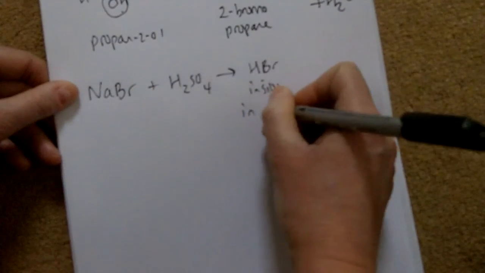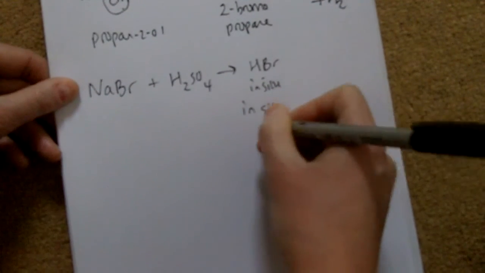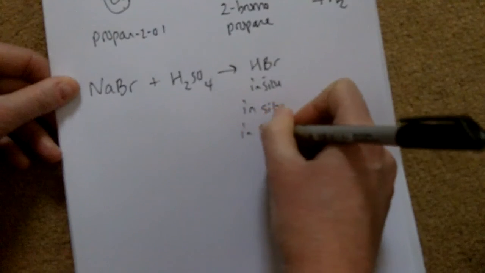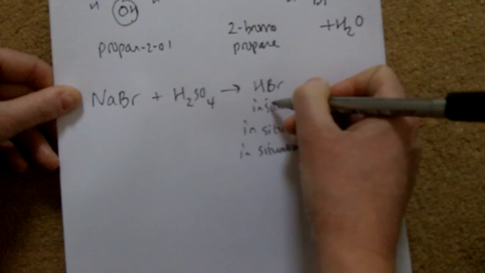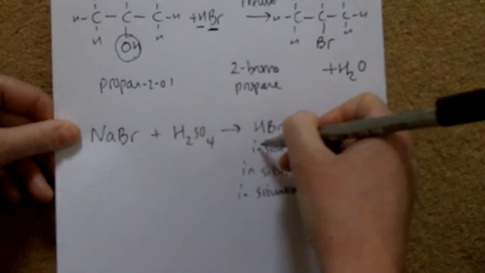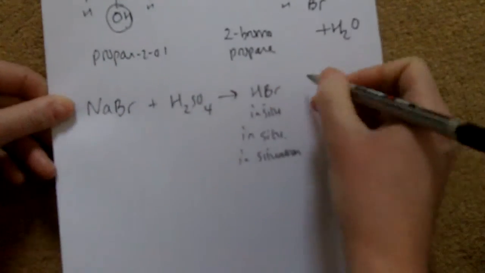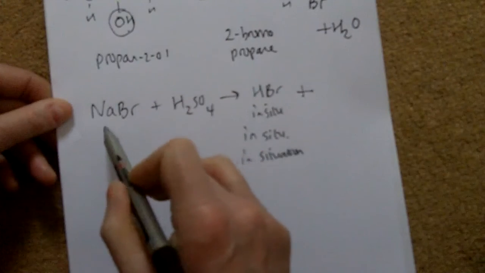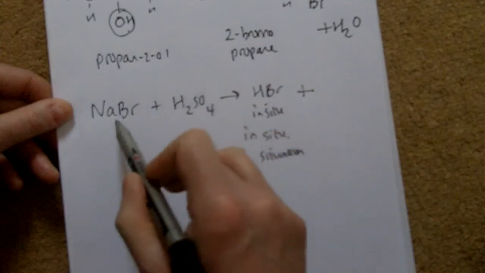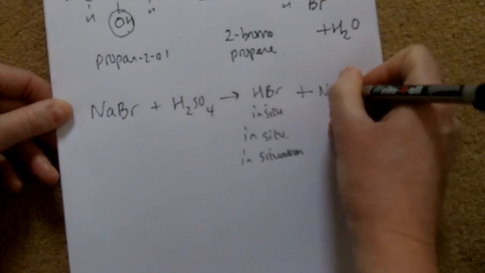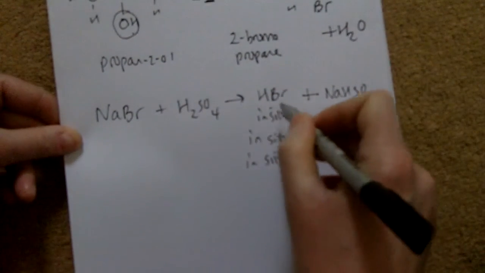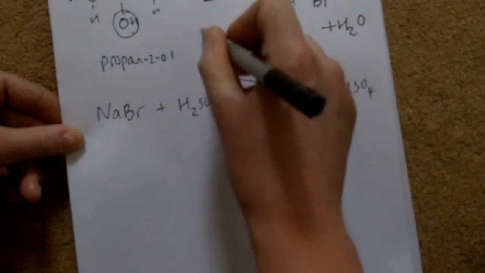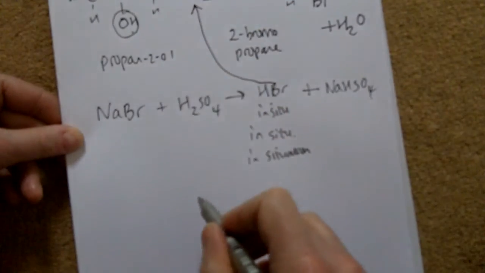In situ, which is short for in situation, which means you make it and you use it straight away. And the other product here is, if you take off the H and the Br, you're left with Na, sodium hydrogen sulfate. So that happens first, and then that is reacted with the alcohol.